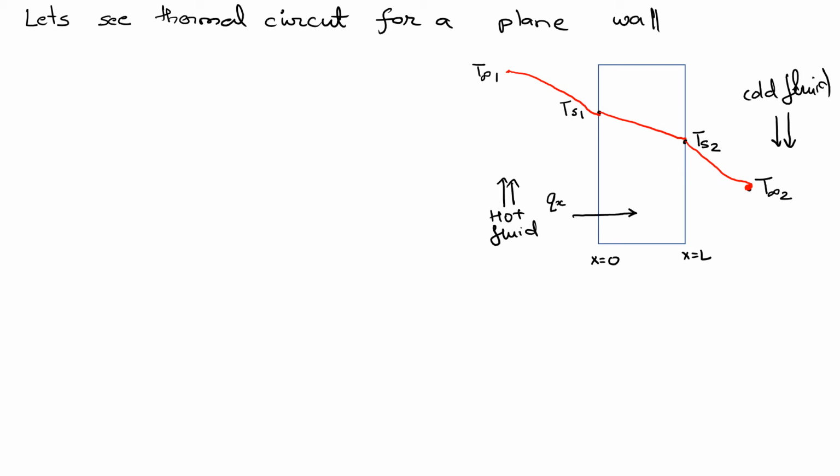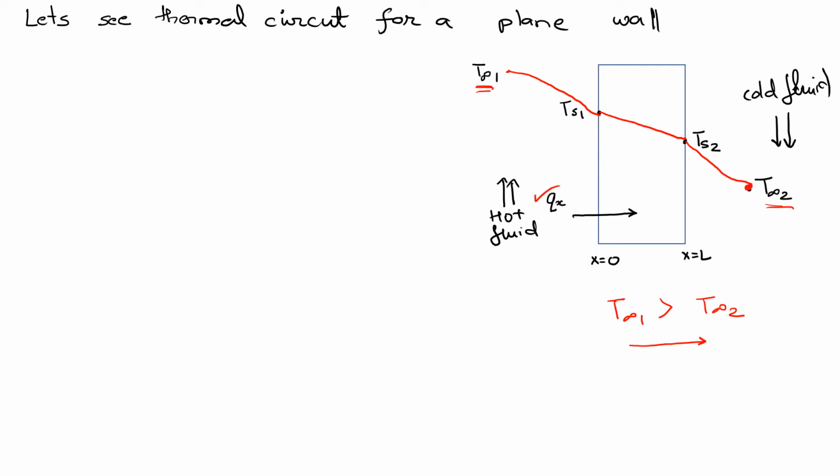So how many resistances do we have for the heat flow? So the two extremes that we see in this particular scenario are the T infinity 1 and T infinity 2. T infinity 1 is the hot fluid, so we know that T infinity 1 is greater than T infinity 2, which means that heat must flow from a higher temperature to a lower temperature, which is what we've assumed.